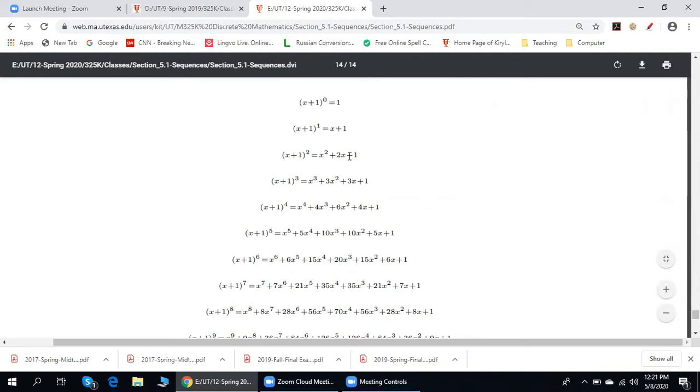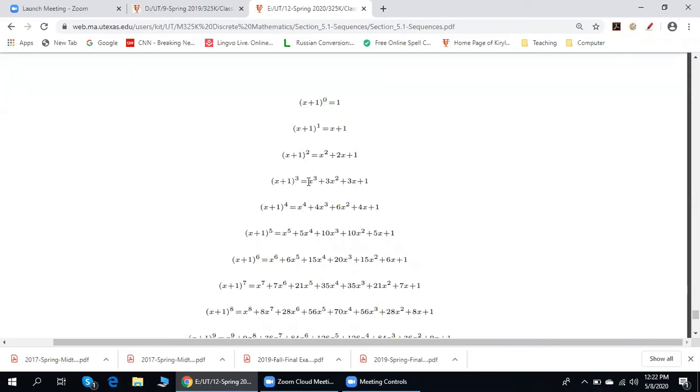Next, 1, 2, 1, 1, 3, 3, 1, and so on. In other words, in order to obtain the next row, we add coefficients from the previous row. But how to know that the resulting coefficients will be coefficients of this expression after we expand it?